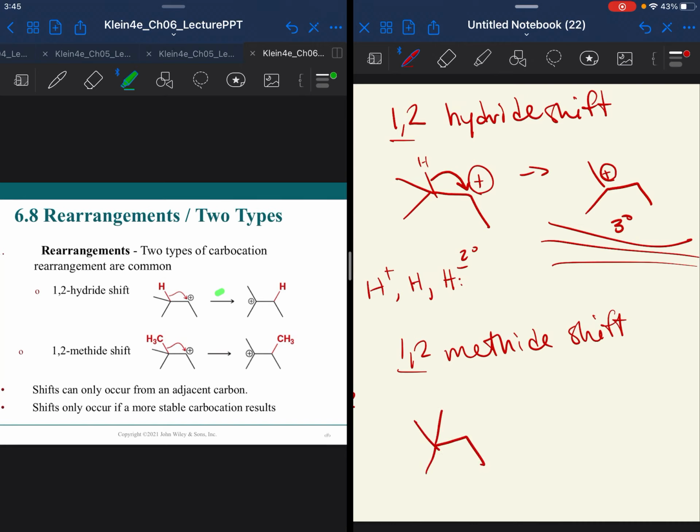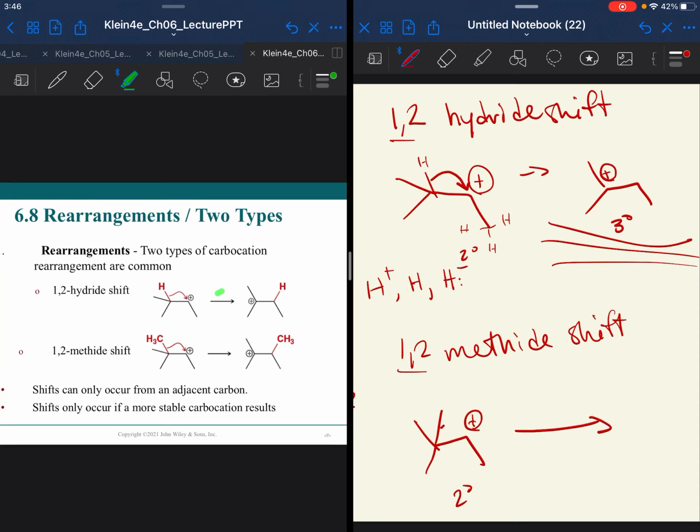This can also happen with very small R groups. We're only going to worry about a methyl group. Again, we have a secondary carbocation. We don't worry about any of these hydrides shifting because it would make a primary carbocation. You will not rearrange to make something less stable. So here, we can't do a hydride shift.